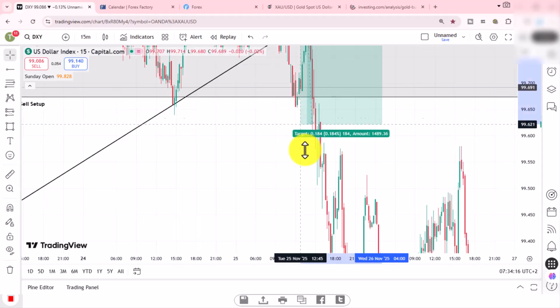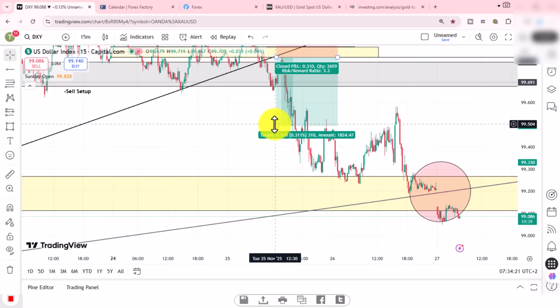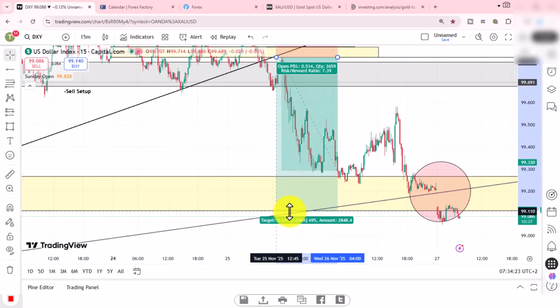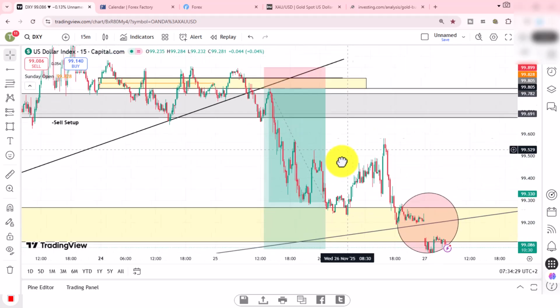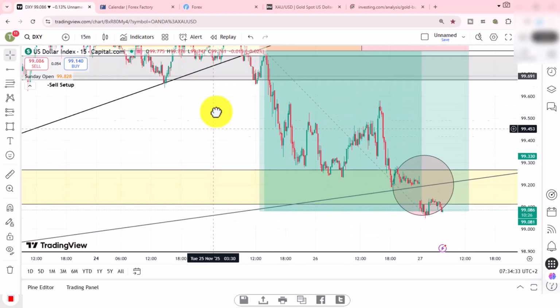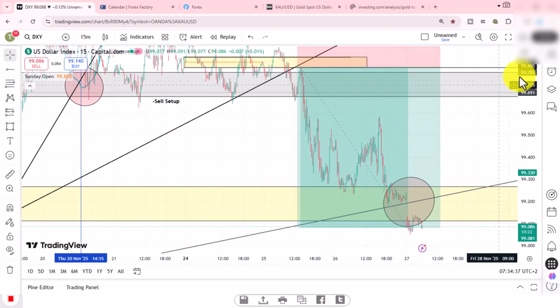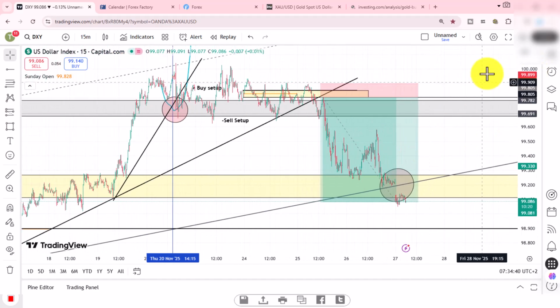I want to see how it moved down, how many percent it moved. It really did. So you could have really caught this sell, the DXY sell.